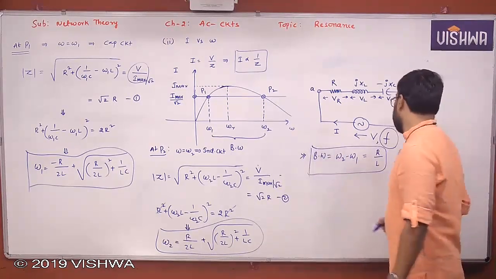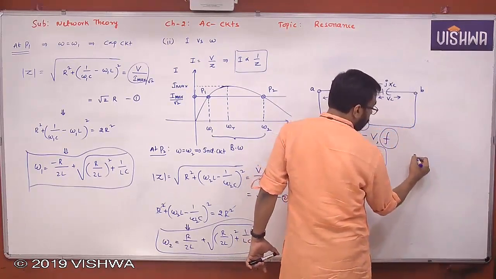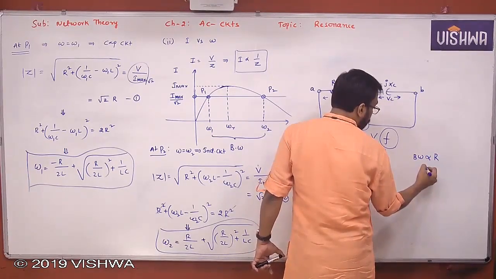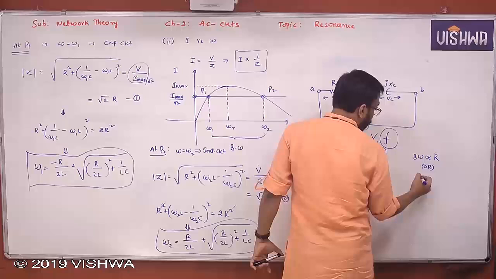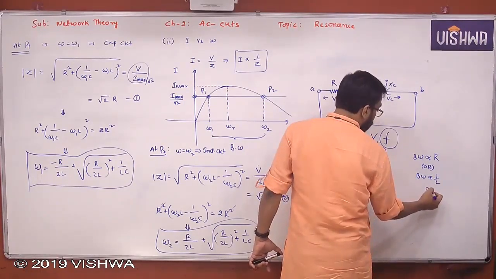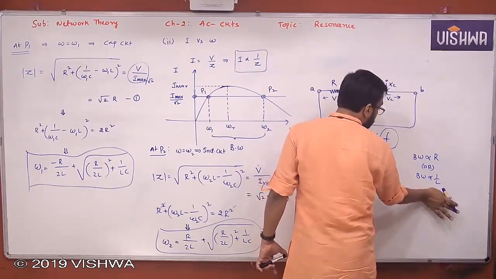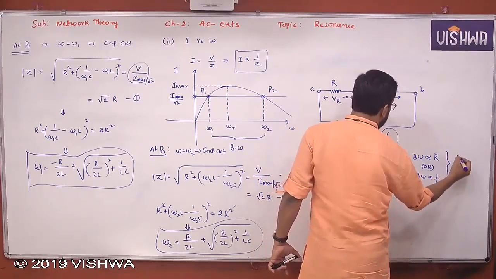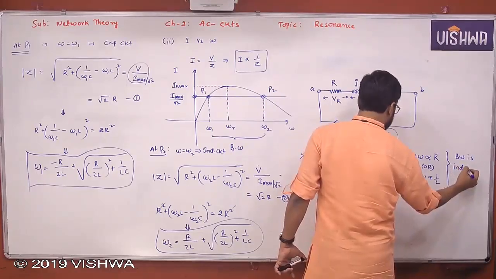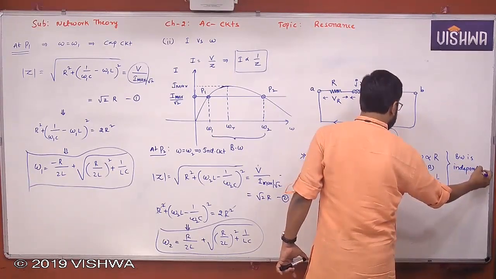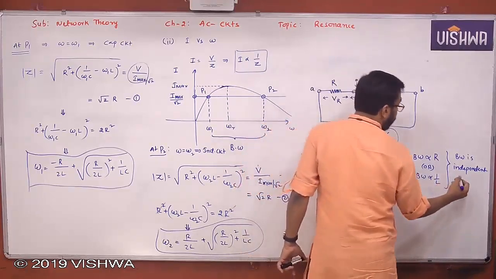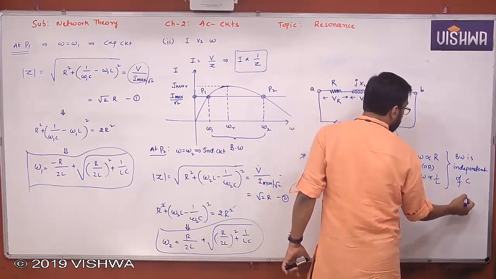You can see the bandwidth is directly proportional to R, or bandwidth is inversely proportional to L, and bandwidth is independent of C. Yes, sometimes he's asking 1 mark questions on this particular relation also. Independent of capacitance C. Okay.